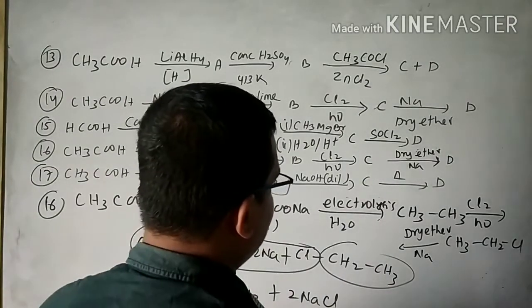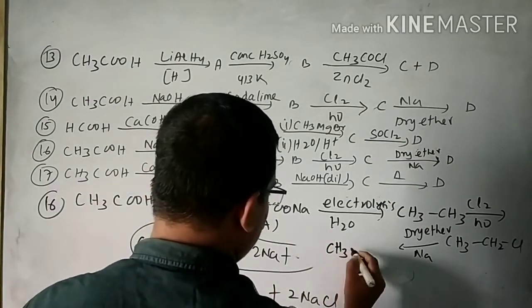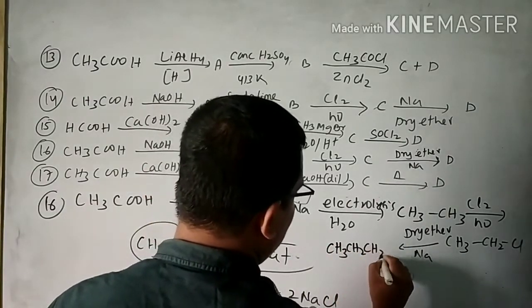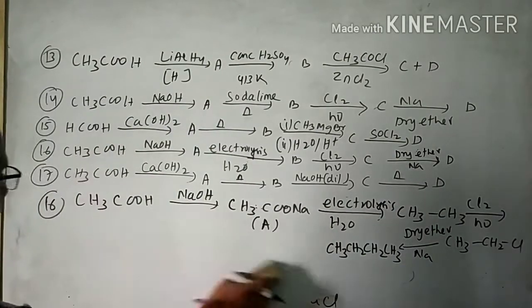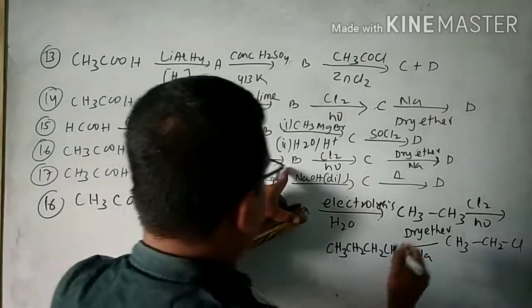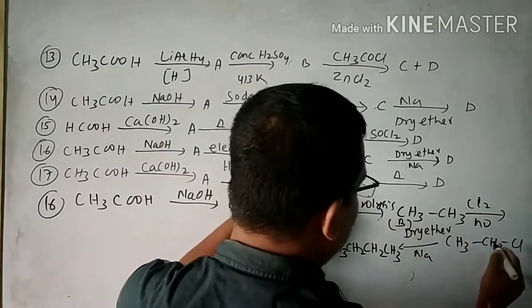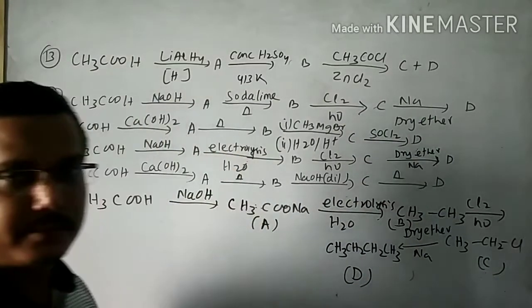So here we can write CH3 CH2 CH2 CH3, that is butane. Here A is sodium acetate, this is said to be B, this is said to be C, and this is said to be D.